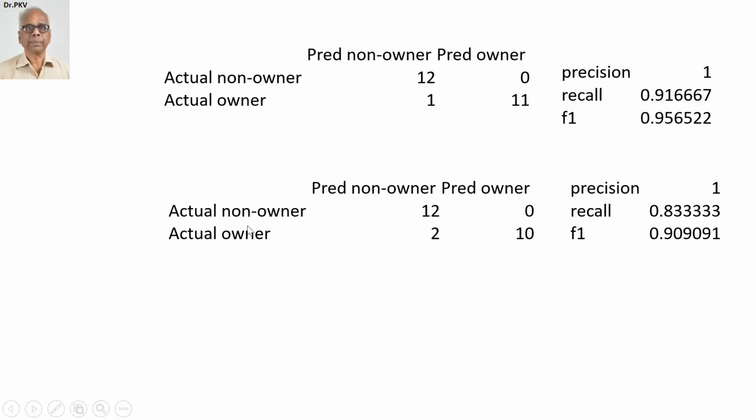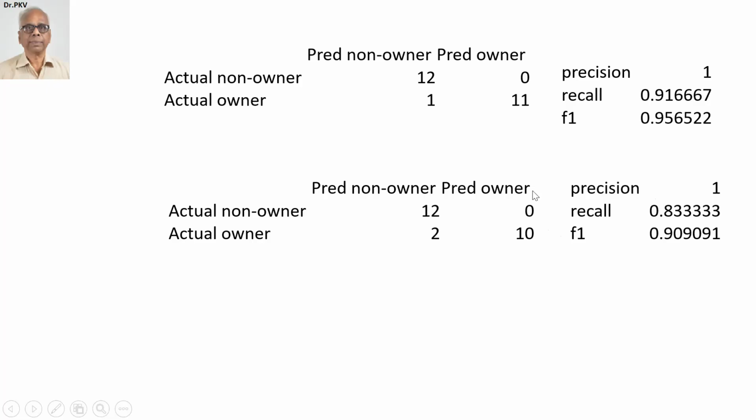The second one is the entropy-based tree confusion matrix. And if you look at it, this is 12, as I told you, it's about 92% accuracy. The recall is 0.833. It has come down. How is the recall calculated? Actual prediction of owners given actual. So actual owners are 12, out of which 10 are correctly predicted. 10 upon 12, that is your recall. Now, precision.